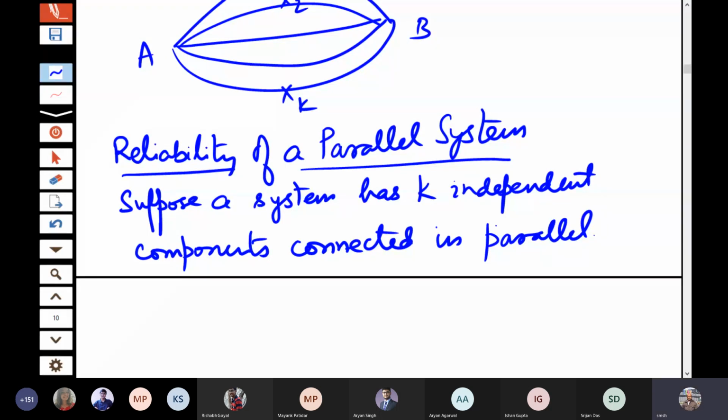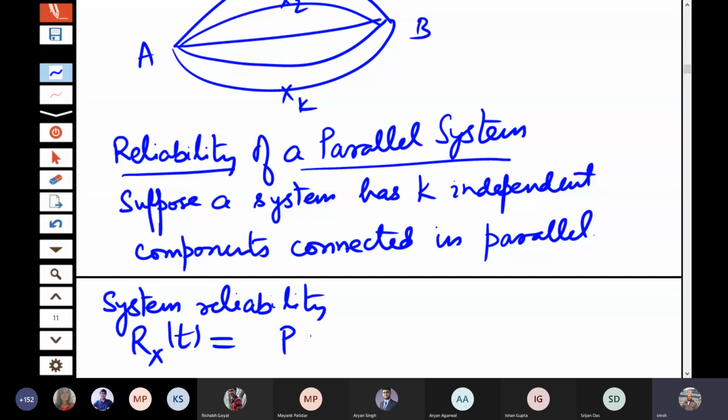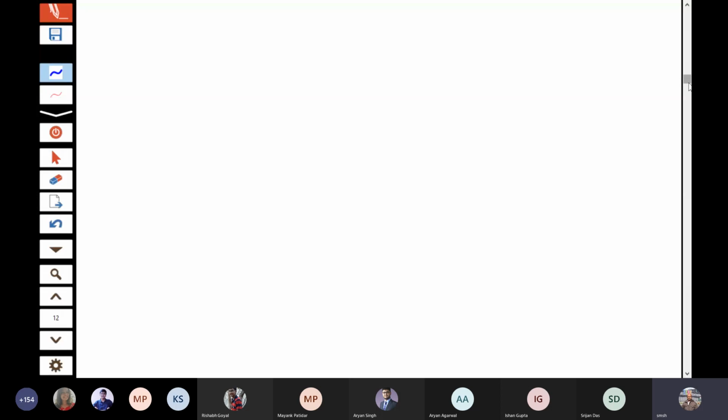So let us look at the system reliability. That is R_X(t), that is, the probability that X is greater than t. In a parallel system, the system will function as long as any one of them is working. So here we can write it as 1 minus the probability of X less than or equal to t.